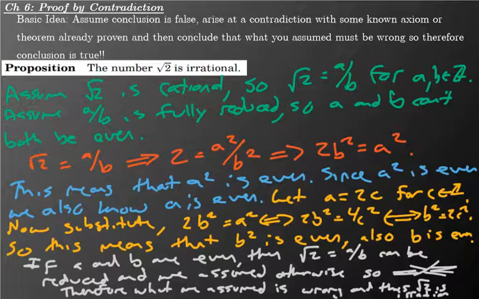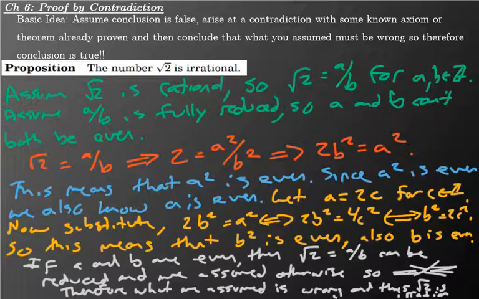But the idea is, assume that the thing you want to show is false. So root 2 in this case being rational. And then that means it has a structure here of a fraction. And then we showed that fraction would basically, we're assuming it's not reducible.